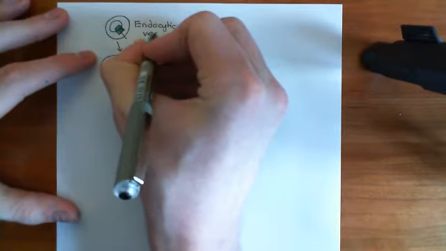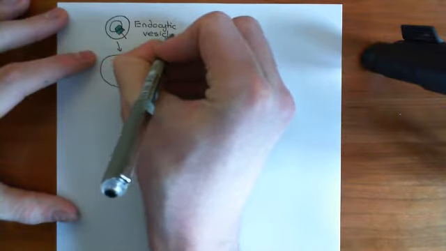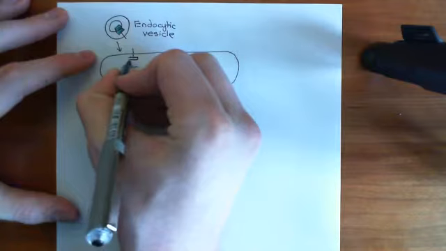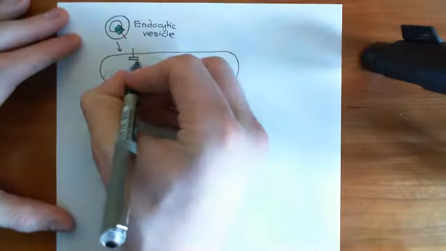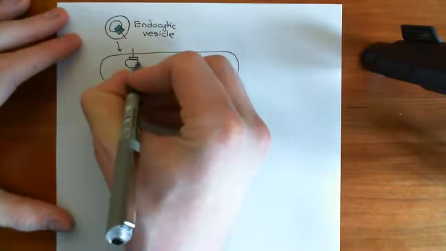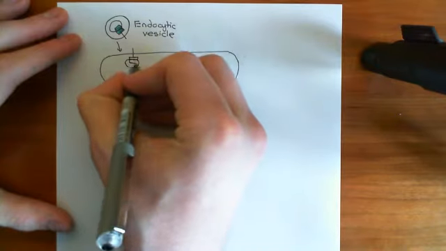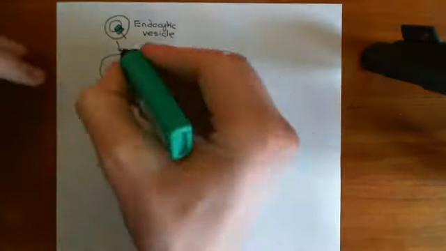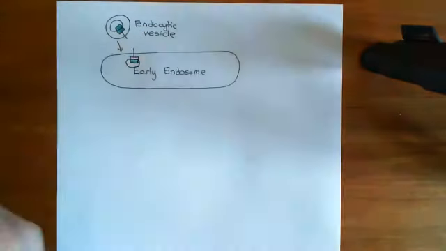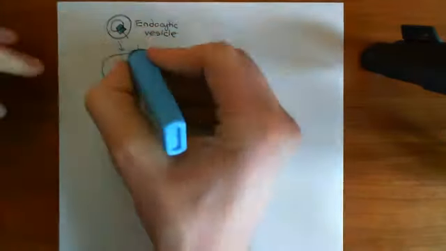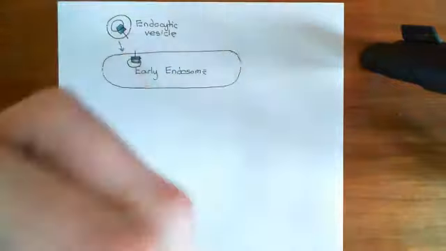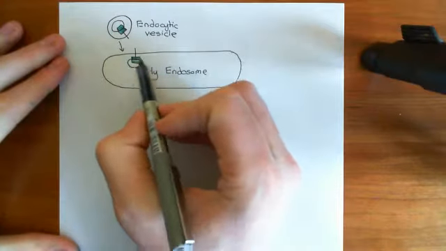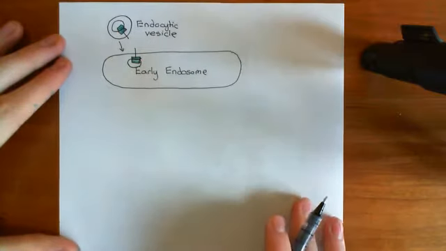Okay, and what then is going to happen is that the LDL receptor will have its ligand binding domain facing into the lumen of the early endosome, and bound to the ligand binding domain of the LDL receptor you'll have the apolipoprotein B100. Okay, so here is the apolipoprotein B100, and here is the ligand binding domain of the LDL receptor. So now our LDL receptor and cargo are within the early endosome.